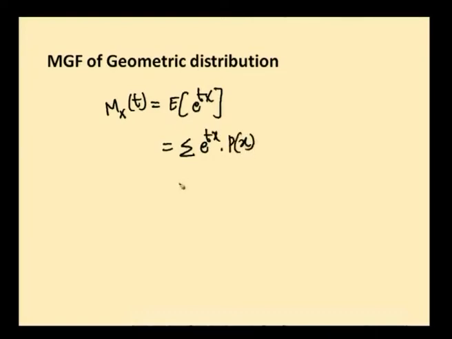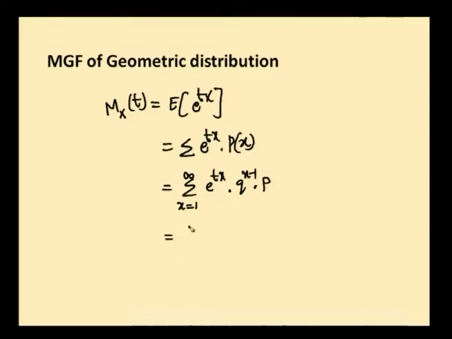Next, in the previous distributions we have found out the MGF, here also we shall find out the MGF, mean and variance of geometric distribution very quickly. Okay. So, M_X(t), according to the definition, is the expectation of e power tx, which is equal to summation of e power tx into P(x), and P(x) is q power x minus 1 into p, where x takes the values from 1 to infinity.